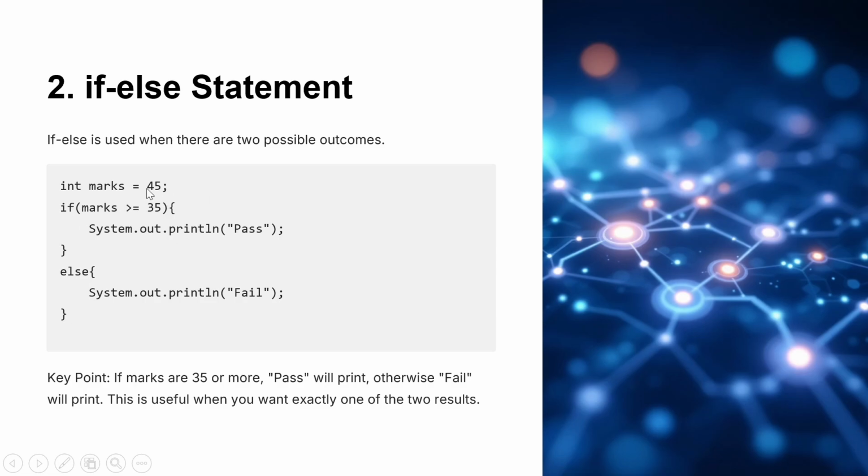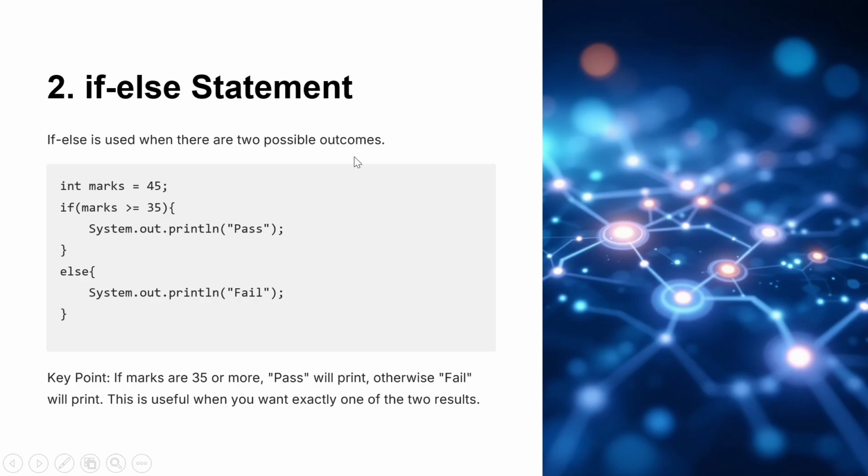If the marks are 35 or more, then it will print pass, otherwise fail will be printed. So this is useful when you want exactly one of two results. Hope you always get pass in your exam.